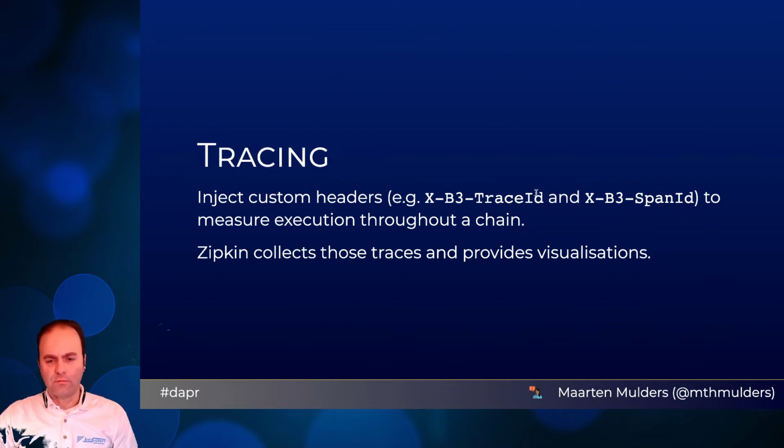They also collect information about the steps they perform themselves, and periodically they submit that kind of information to a central system, for instance, Zipkin. Zipkin will then collect all that information and provide nice visualizations, which can help you troubleshoot performance bottlenecks, for instance.